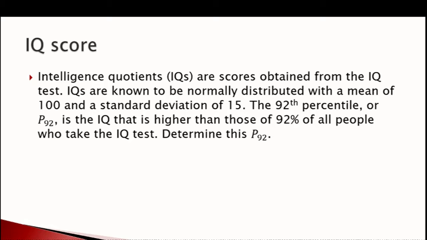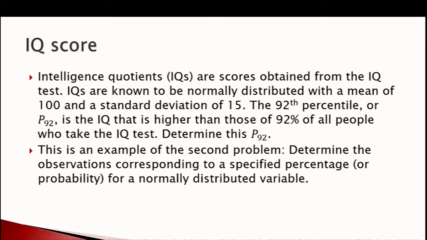So you may have seen percentile in a previous chapter. We incorporate that knowledge here to solve it for a normally distributed random variable. Okay, so here I hope that you have realized that this is the example of the second problem: determine the observations corresponding to a specified percentage for a normally distributed variable.